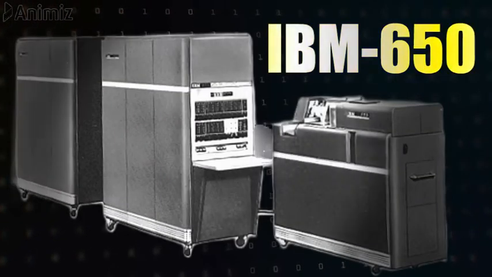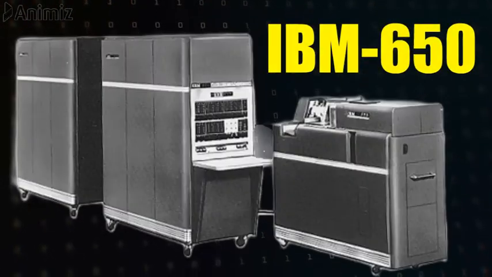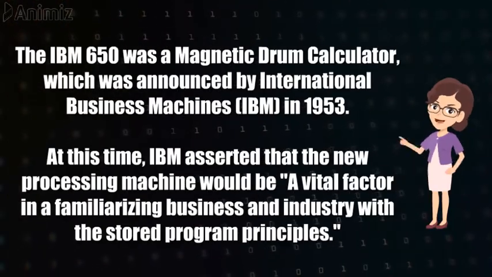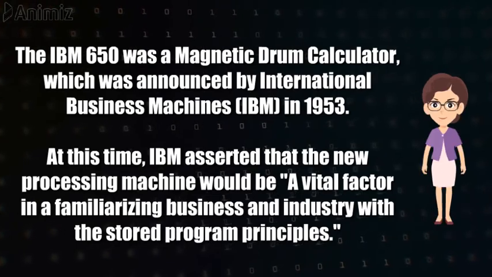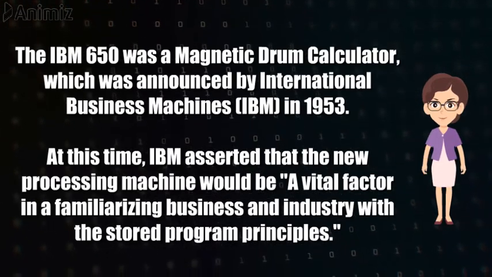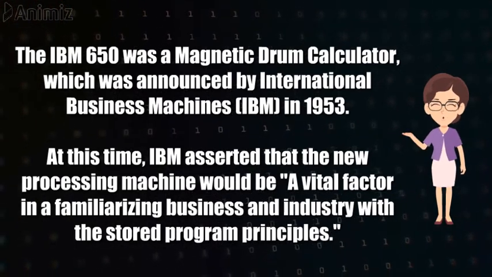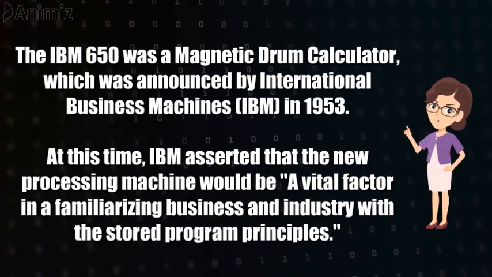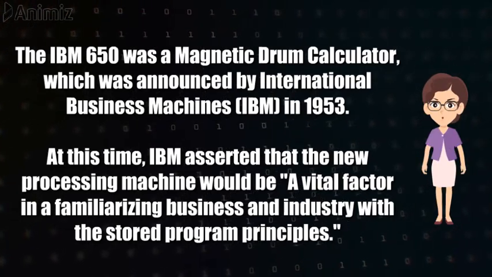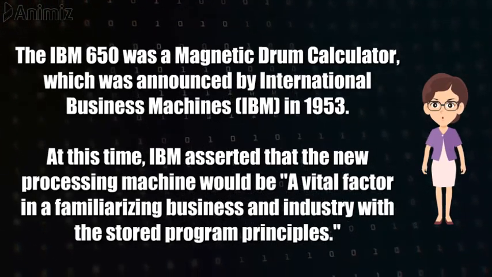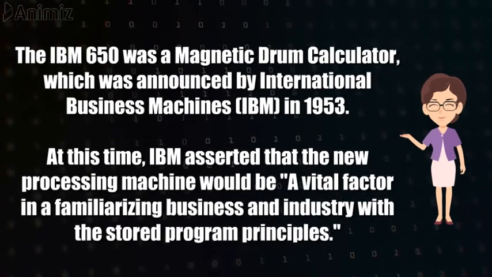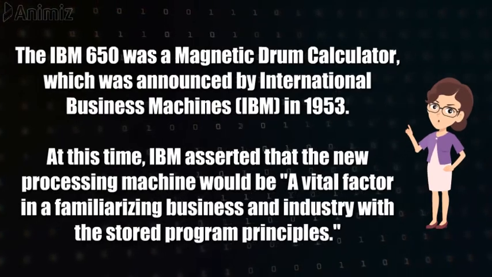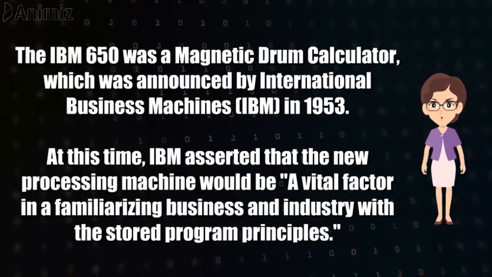IBM 650. The IBM 650 was a magnetic drum calculator, which was announced by International Business Machines, IBM, in 1953. At this time, IBM asserted that the new processing machine would be a vital factor in familiarizing business and industry with the stored program principles.